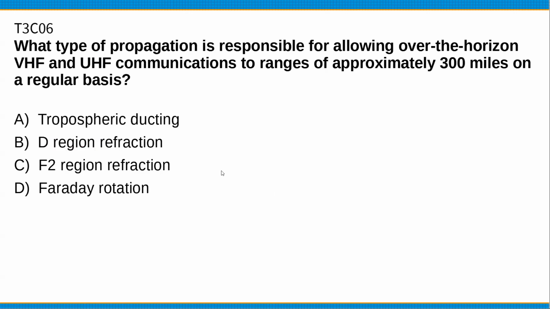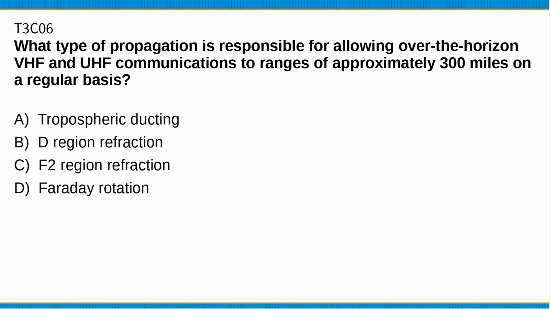What type of propagation is responsible for allowing over the horizon VHF, UHF communications to ranges of approximately 300 miles on a regular basis? I don't think I talked about the distance.